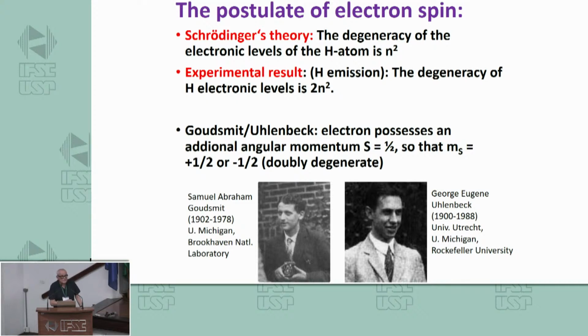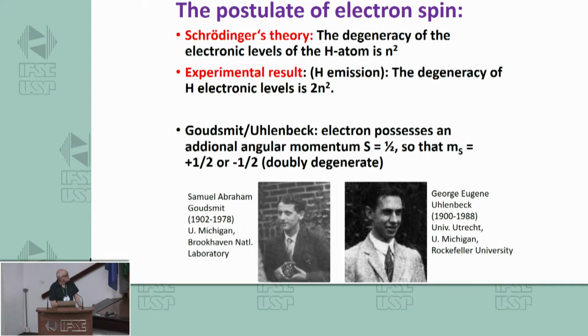Electron spin was initially a concept introduced as a postulate by Goudsmit and Uhlenbeck, who tried to find an explanation why there was a discrepancy between the experimental emission spectrum of hydrogen, showing that the degeneracy of the hydrogen electronic levels is 2n², n being the principal quantum number.